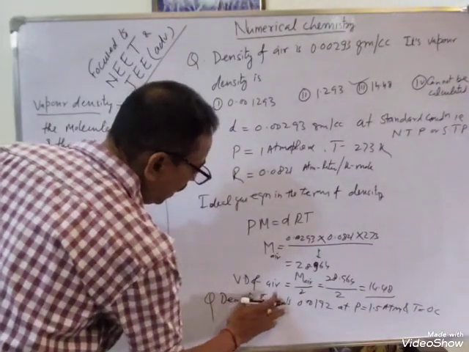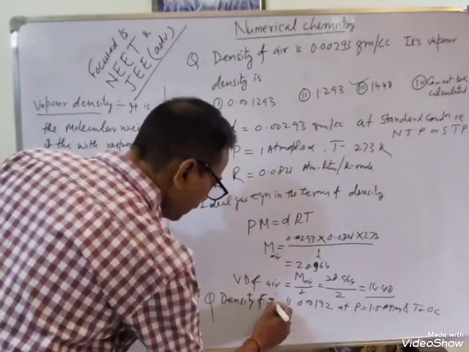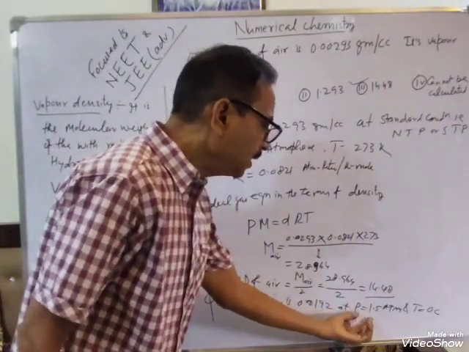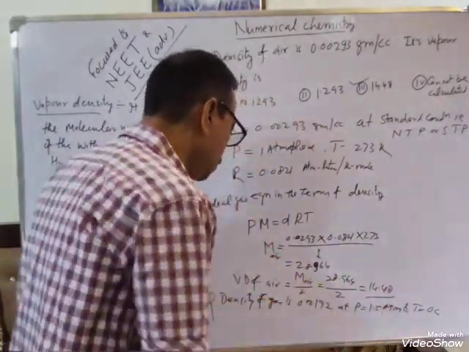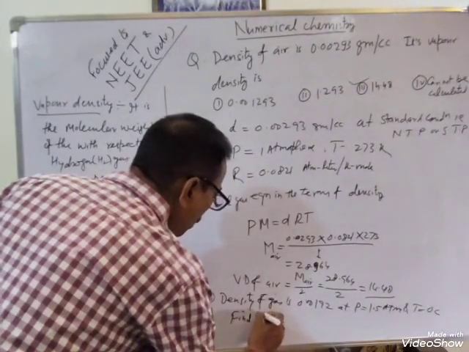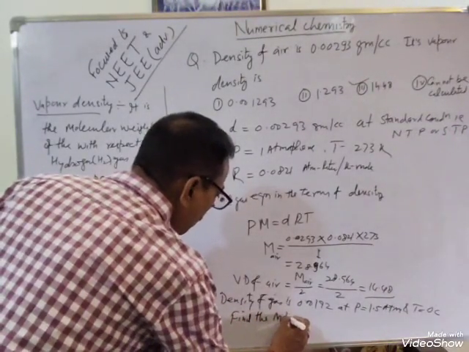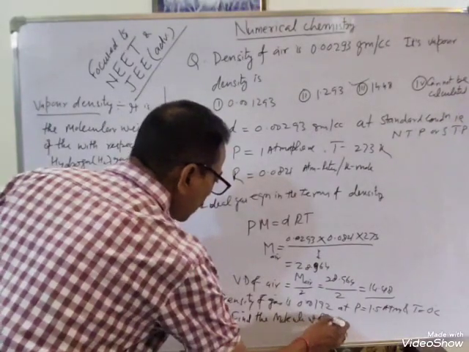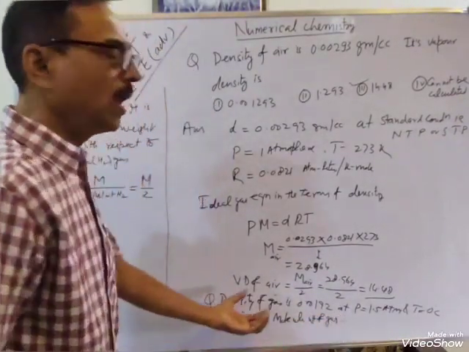Density of the gas is this at pressure 1.5 and temperature 0. Find the molecular weight of the gas.